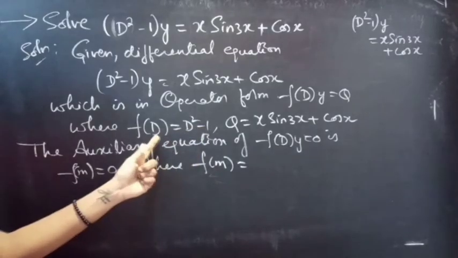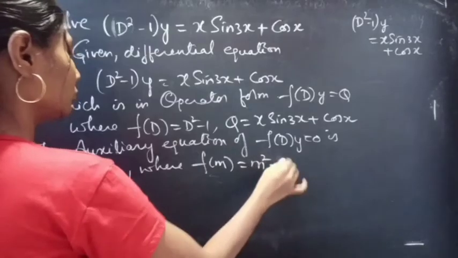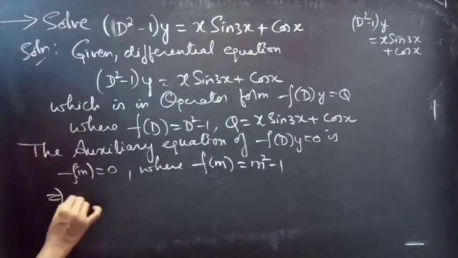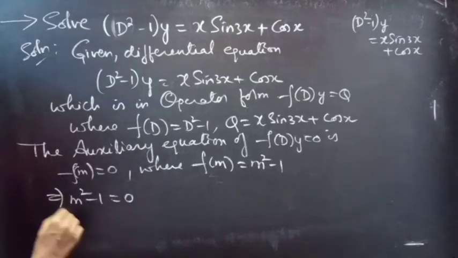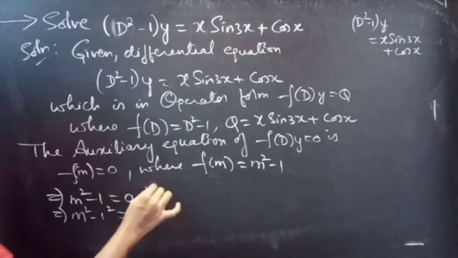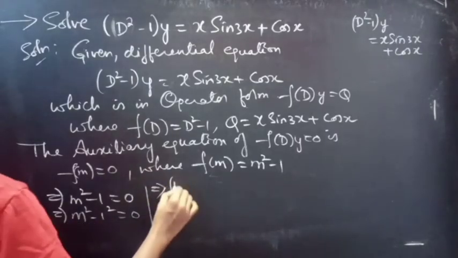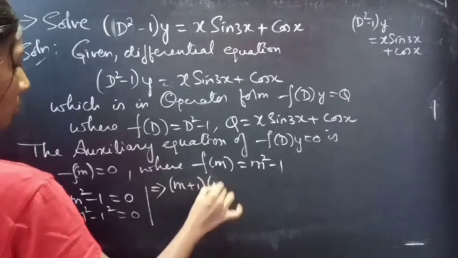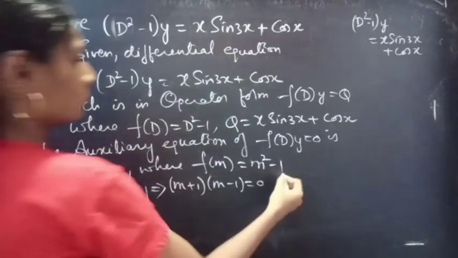Let's replace the differential operator by m, so that we'll get F(m) equals m square minus 1. Then our auxiliary equation becomes m square minus 1 equals 0. We can write this 1 as 1 square, then we'll get m square minus 1 square equals 0, which is of a square minus b square form. So we can write it as (m plus 1)(m minus 1).